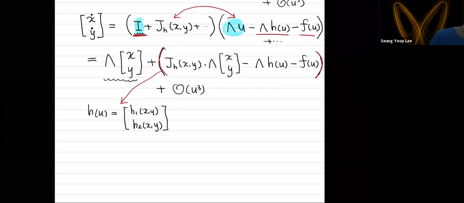And what is JH of x and y? The definition of that one was the partial derivative of h1, partial derivative of h1, partial derivative of h2, partial derivative of h2. That was the definition.